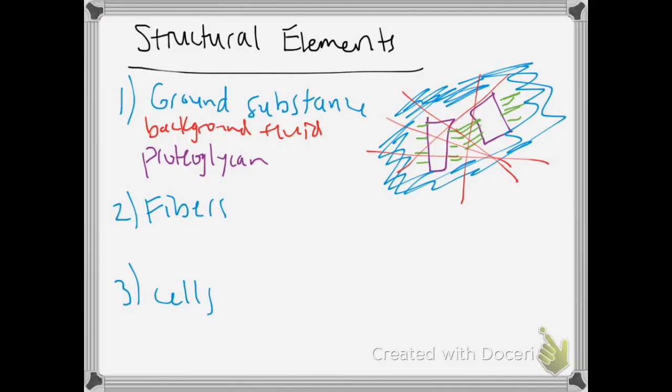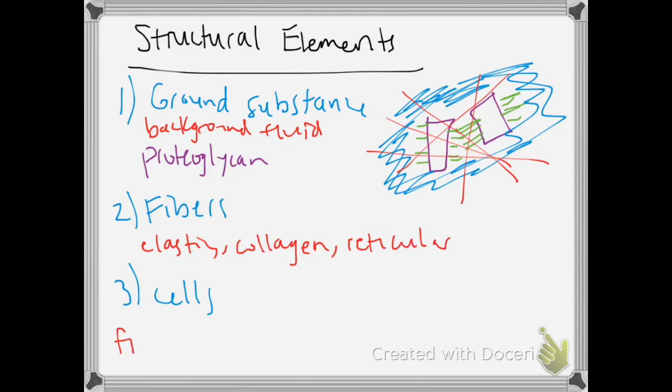So elastic cartilage is going to have a lot of elastic fibers, just for an example. So fibers, different types. Elastic fibers, collagen fibers, and reticular fibers.